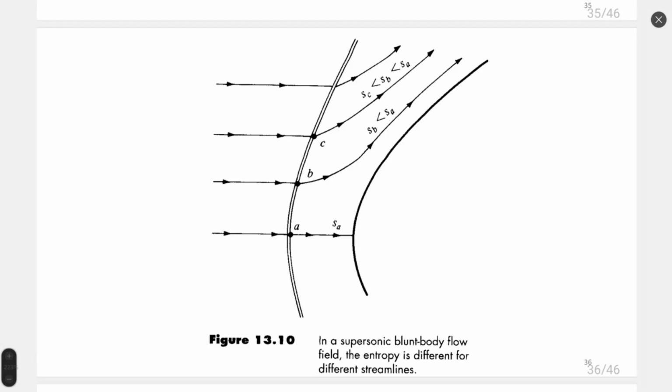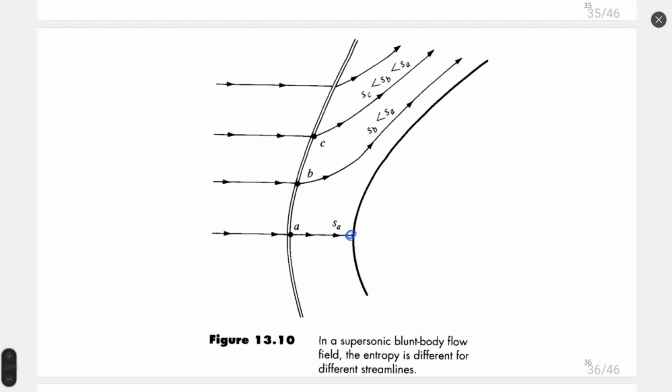Another aspect you can see here is that we can determine the change of entropy inside such flow. At point A, which is the point of the streamline going exactly to stagnation, we will have the maximum possible entropy change in our system.